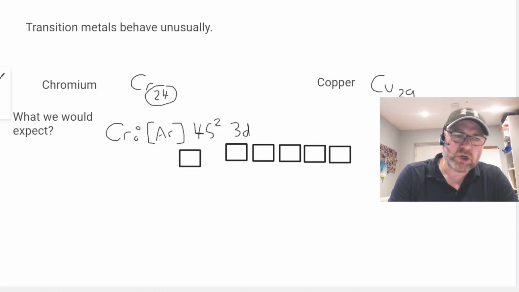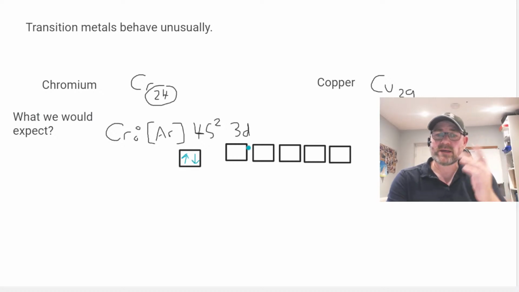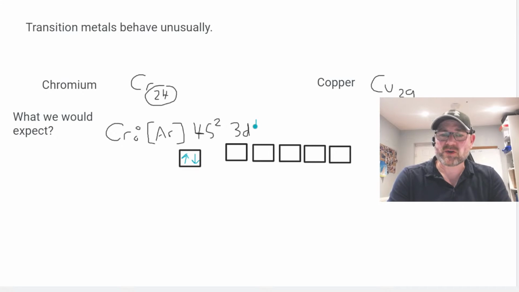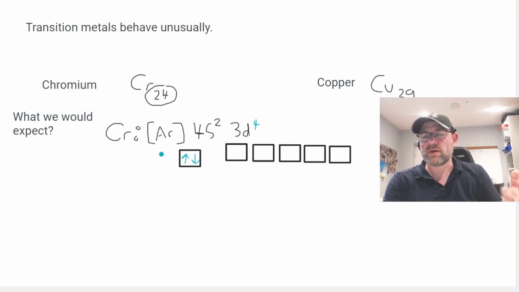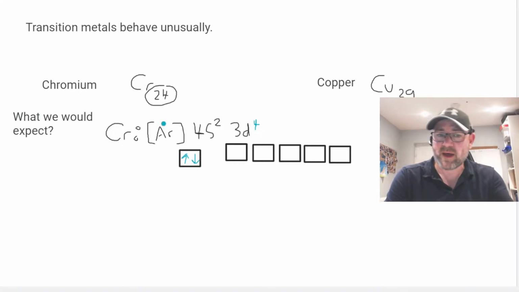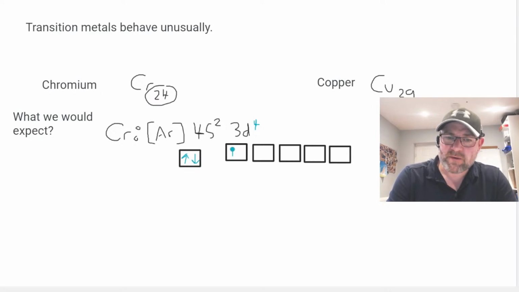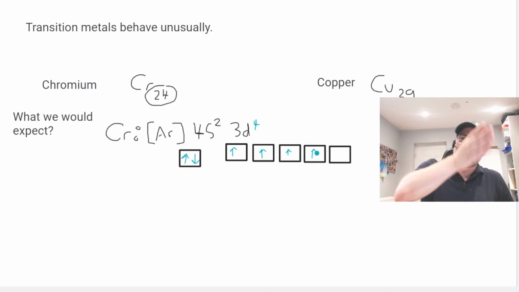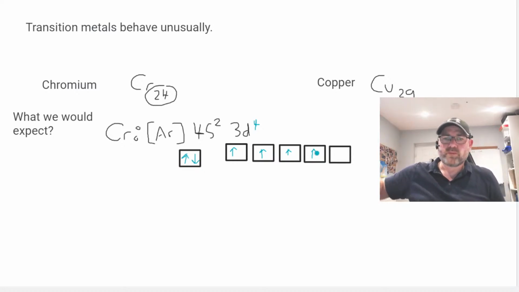So we would expect the 4s orbital to fill first, like this, and then we'd expect the remaining 4 electrons, because argon is equal to 18 electrons, so then the 4s2 and the 3d4, that makes 24. We'd expect it to fill like this. But actually, this is not what it does. So this is how we would expect it to fill. It would go 4s, 3d.